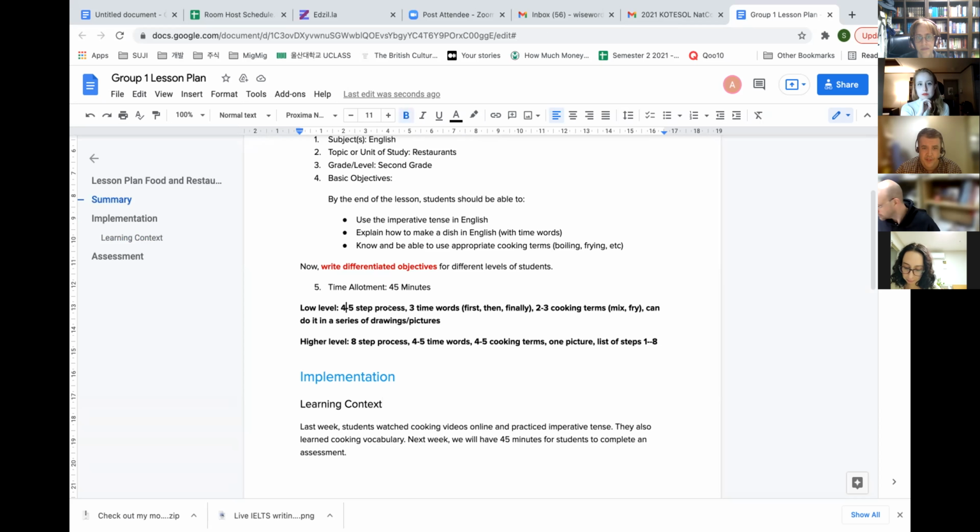So the low level just does, instead of a full recipe, 4 to 5 steps of a process. They only have to use 3 of the most basic time words, and 2 or 3 of the most basic cooking terms, and then they can present it in a slightly different way, which is a bit like what James said about the comic strip thing, like a series of pictures. So on the assessment worksheet, you could give them 4 boxes and they could sketch out the process.